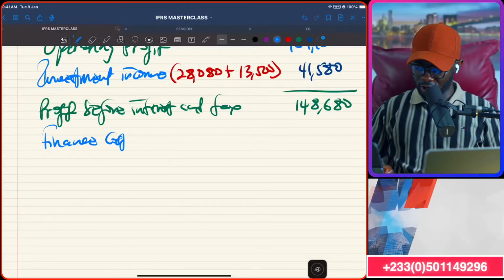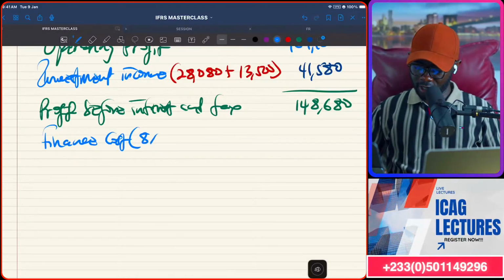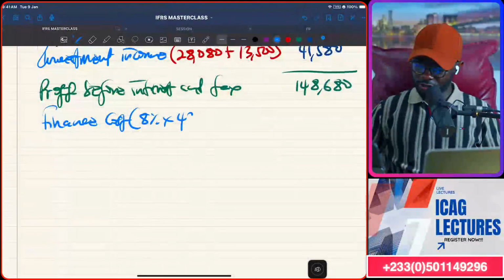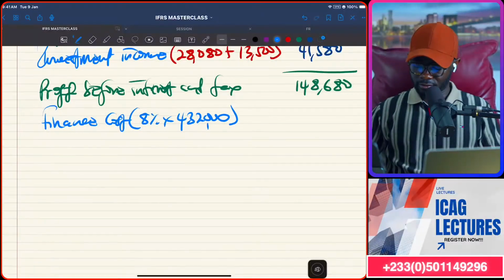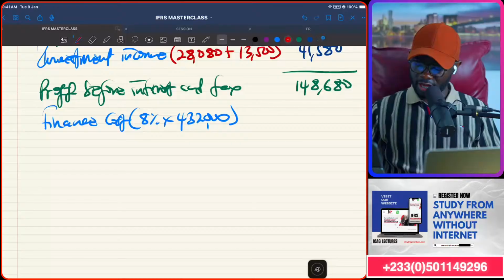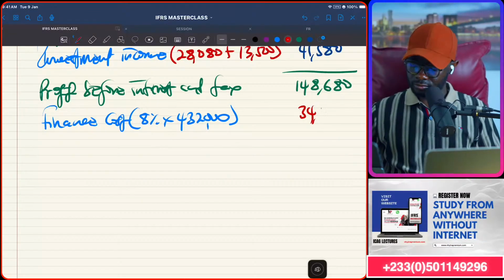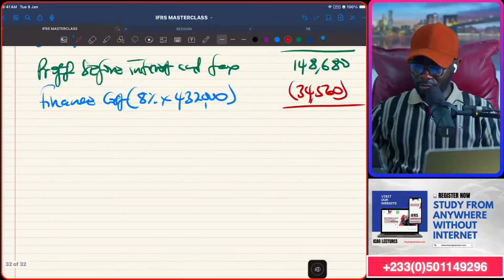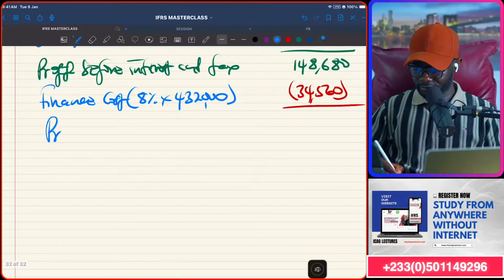So finance cost, 8% on 432,000. So 34,560. Then we can get a profit for the year.